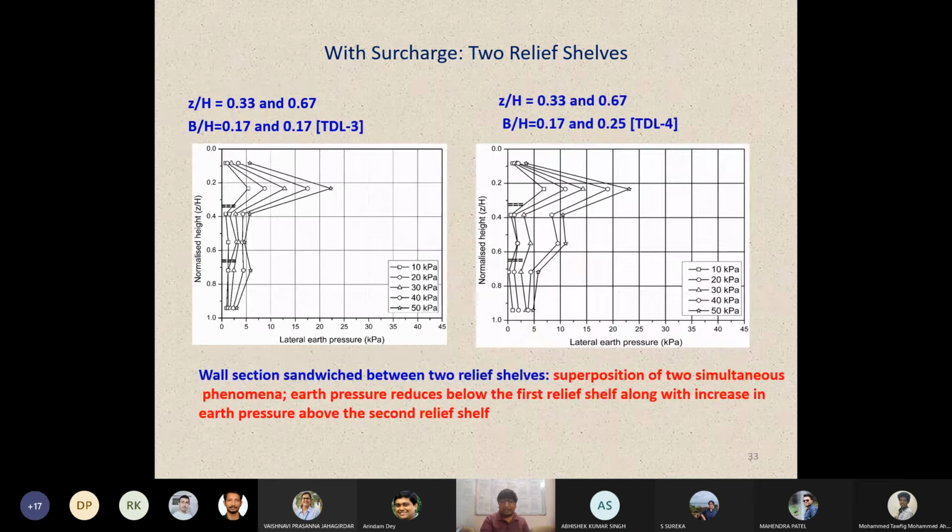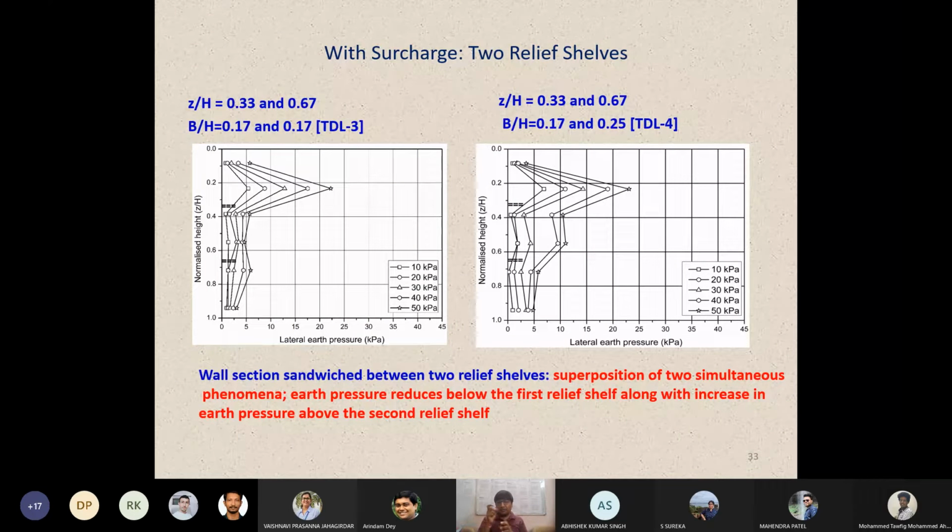One more important thing I have to tell you is what exactly is happening. There is a superposition of two simultaneous phenomena. With the introduction of this relief shelf in this portion, the provision of this relief shelf is not letting the surcharge get introduced over there, and also the provision of this relief shelf is increasing the overburden in this section, because it cannot completely subsidize the applied surcharge.